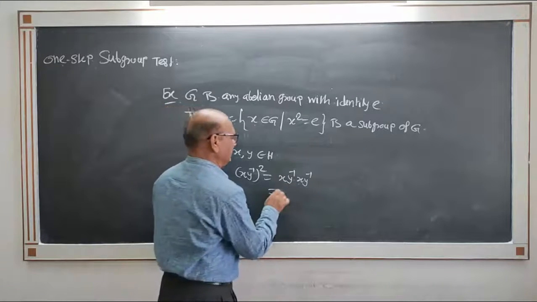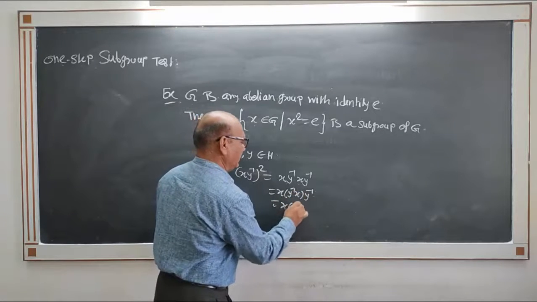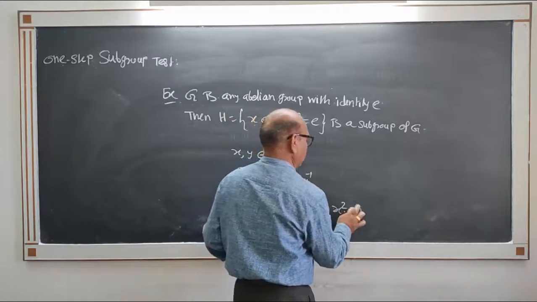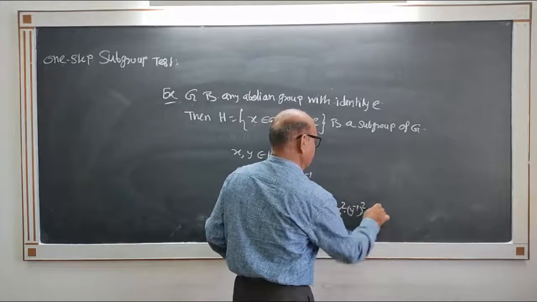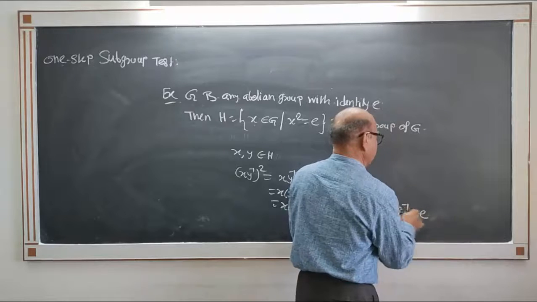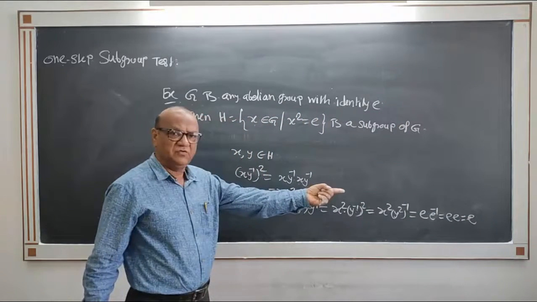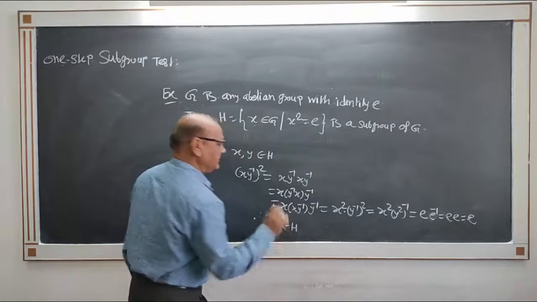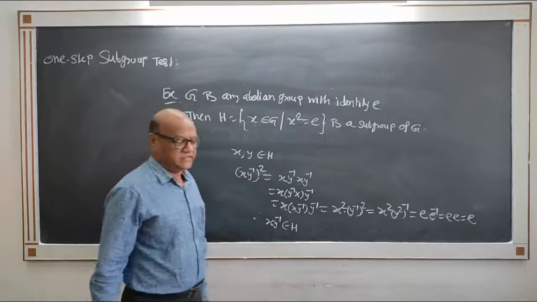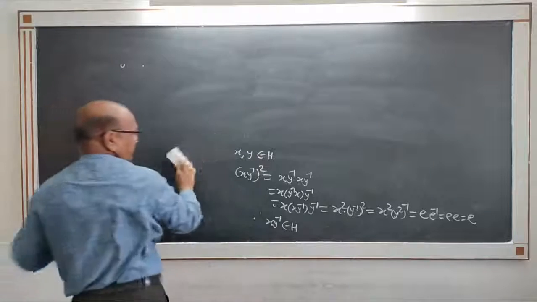G is abelian, so by the associative property and commutativity, this is equal to X square times Y inverse square, that is X square times Y square inverse, and so E times E inverse, which is E. That means (X Y inverse) square is equal to E, and therefore X Y inverse belongs to H. So by this one-step subgroup test, H is a subgroup of G.